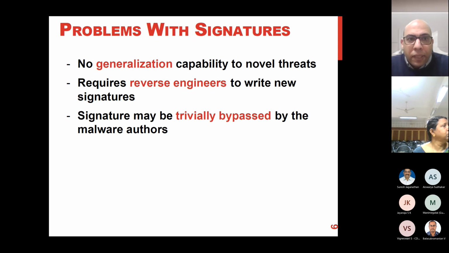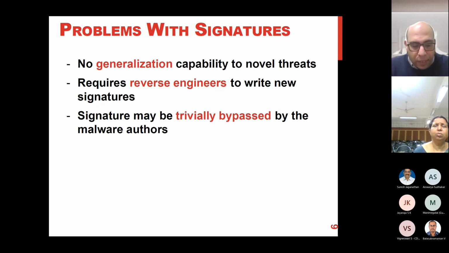When we come to the problems with signature or static techniques, there is no generalization capability to novel threats. Each new threat is considered new; they don't know any signatures regarding those attacks. Therefore, they need to investigate these threats again and extract some signatures from them.